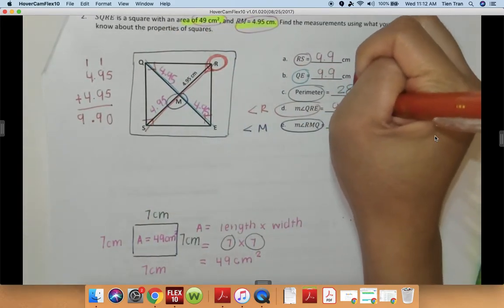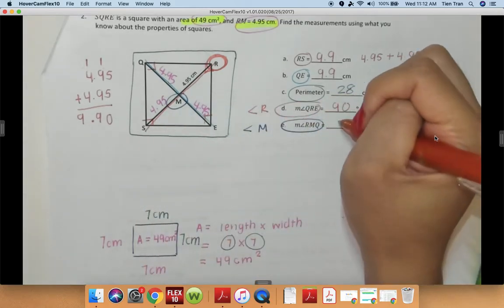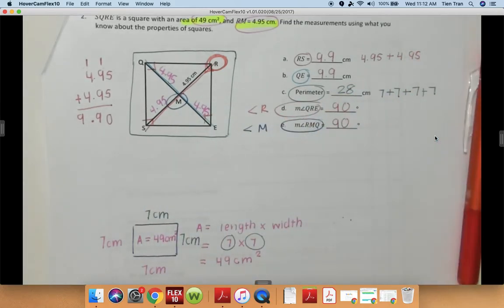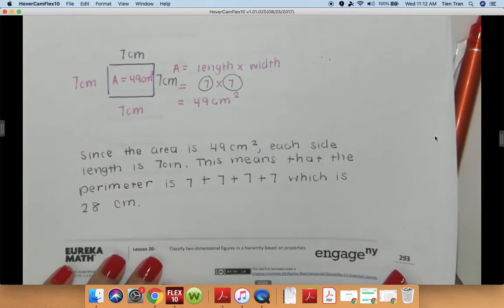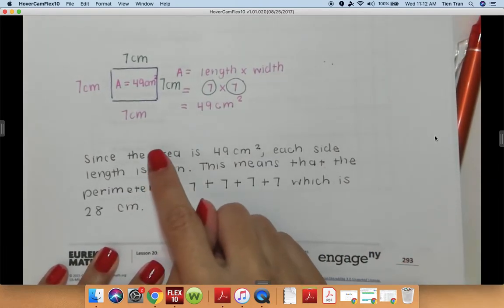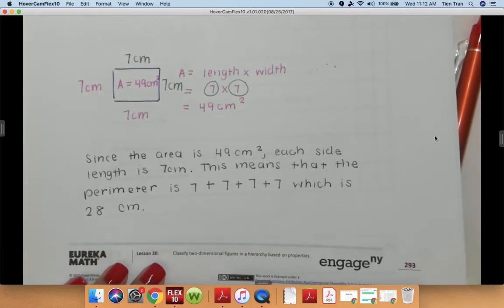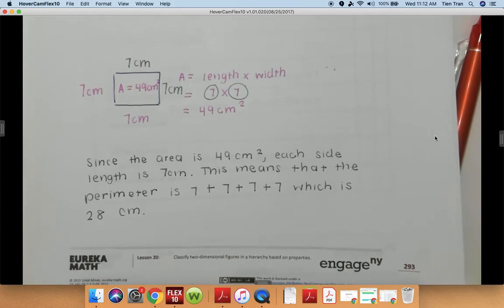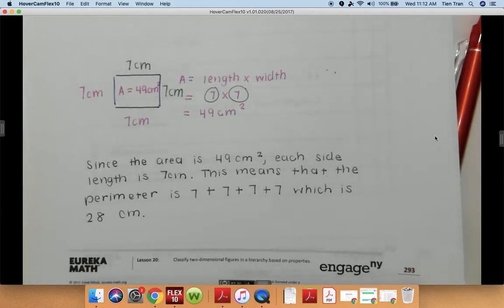So angle R is 90 degrees, and so is angle M. They are both 90 degrees. So I'm going to write my explanation. Since the area is 49 centimeters squared, each side length is 7 centimeters. This means that the perimeter is 7 plus 7 plus 7 plus 7, which is 28 centimeters.